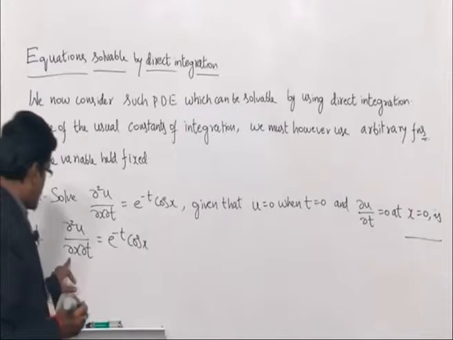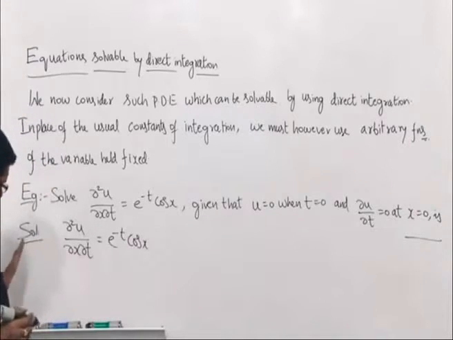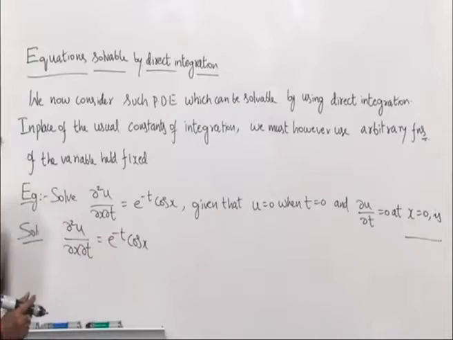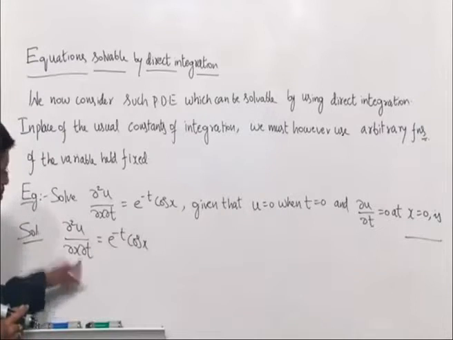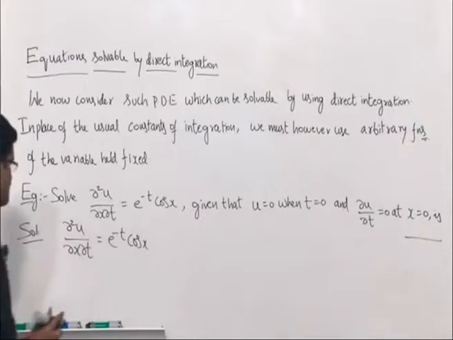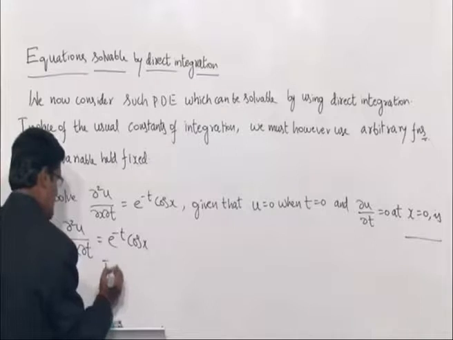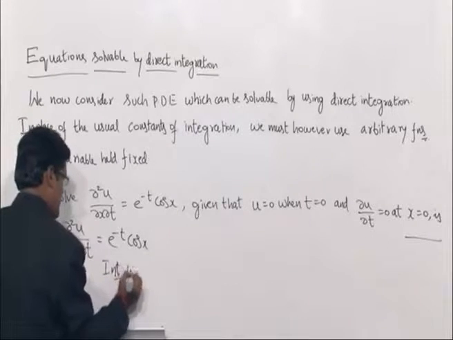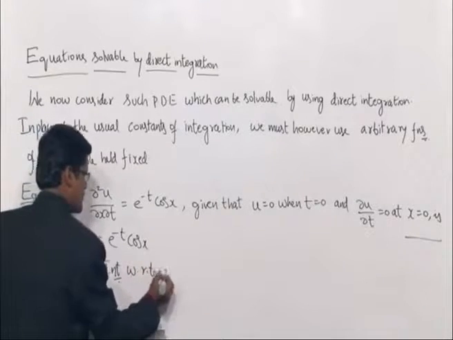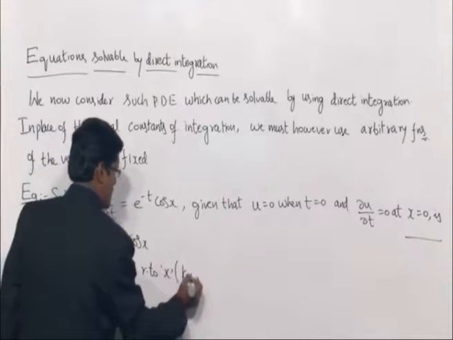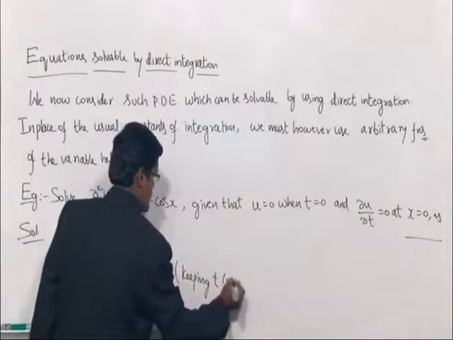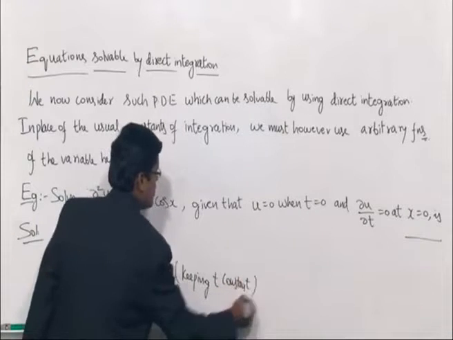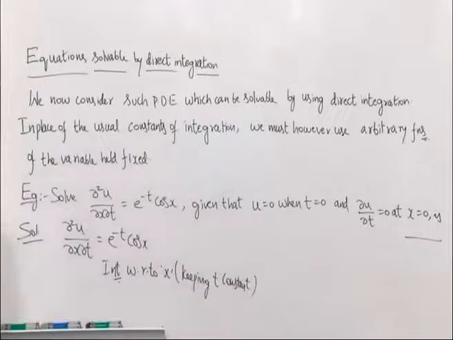So how to integrate? First integrate with respect to x. While finding the derivative, we go from last to first variables; integration is the reverse process of differentiation, so it goes first to last. What is first here? The denominator x variable, so first integrate with respect to x, then next with respect to t. Integrating with respect to x, keeping t constant, that means the variable t is held fixed.